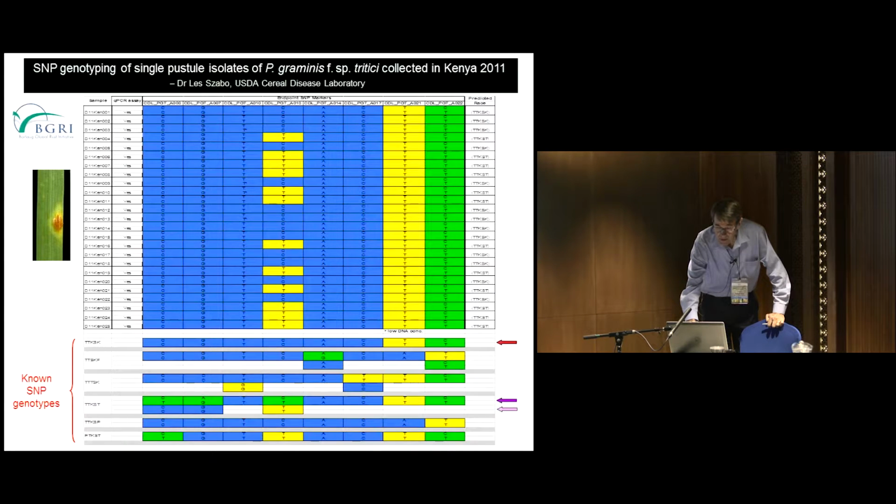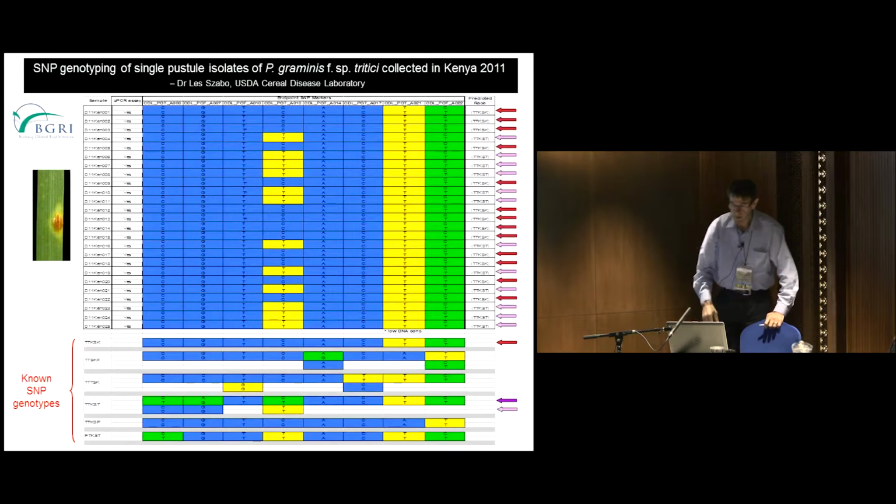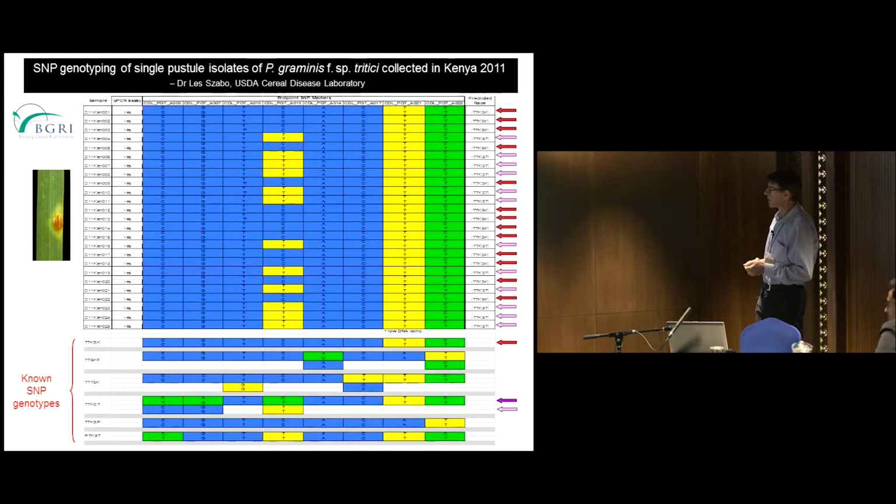But anyway, this is an example of quite a few single pustule samples, Dave, that I would imagine you sent to Les back in 2011. And based on that SNP genotype, Les predicted the pathotypes. And I think they then did the phenotyping in the greenhouse later. Dr. Eugene did that and pretty much found there was 100% correlation. Is that right? Yep. Yeah.